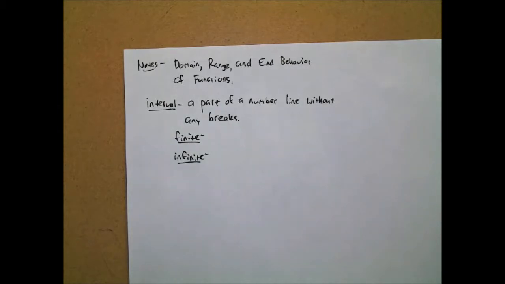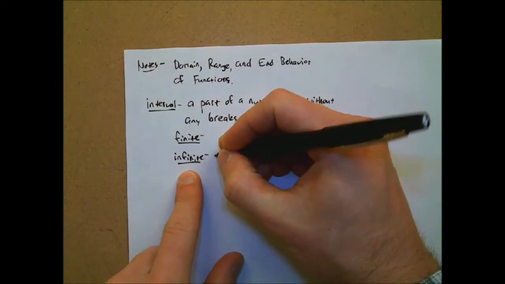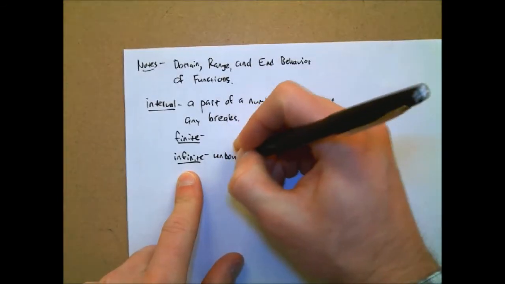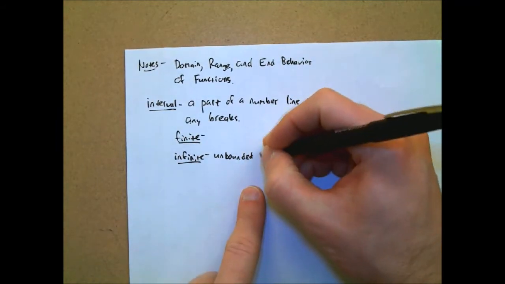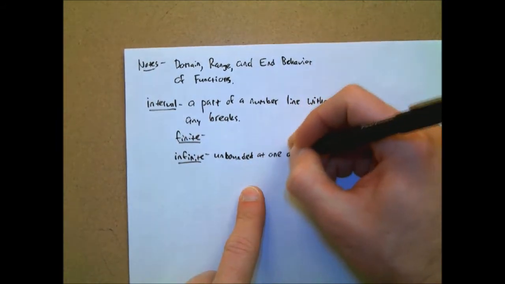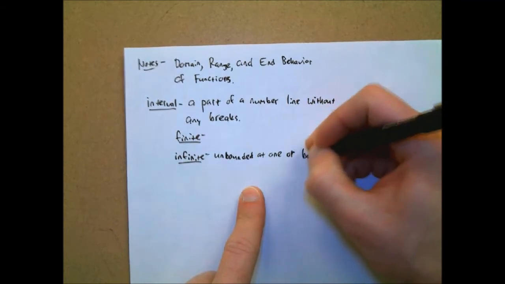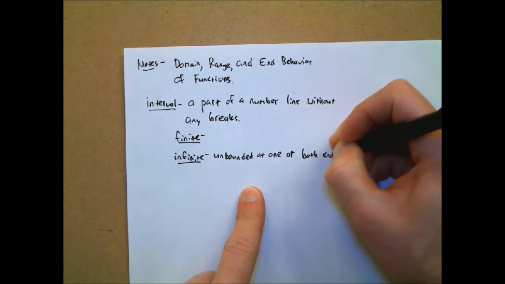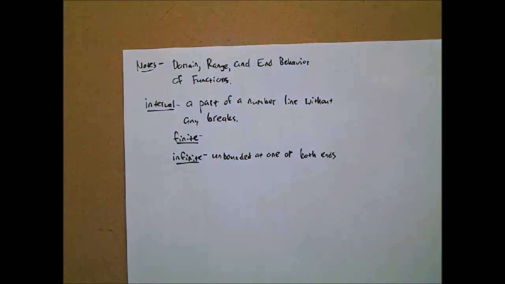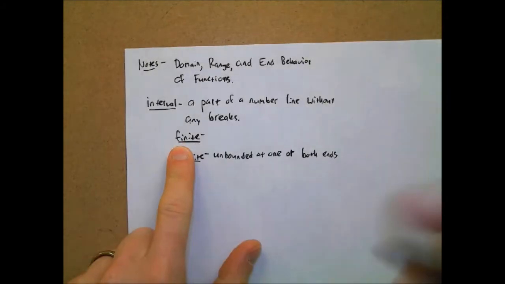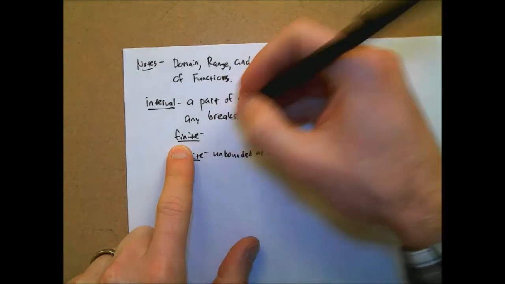It means the interval keeps going. We'll say it's unbounded. There's no boundary on one or both ends. That means you either go forever in one direction or forever in two directions. Again, this is talking about a number line. And then finite just means that it's got two endpoints.